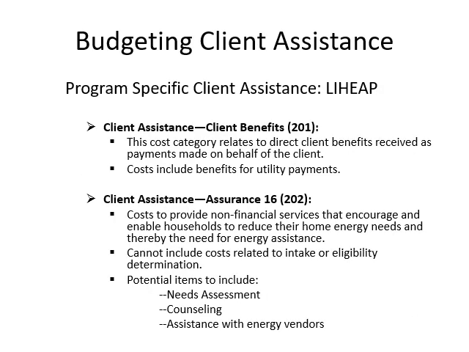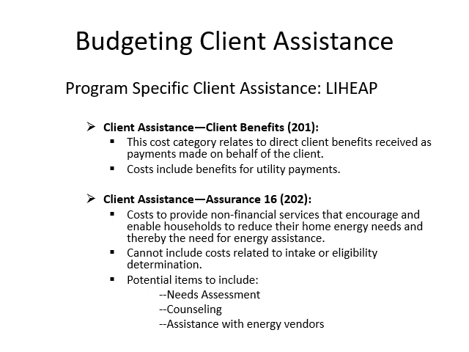The program-specific client assistance for LIHEAP are line 201, which are regular client benefits, and line 202, which is Assurance 16. For line 201, that cost category relates to direct client benefits received as payments made on behalf of customers. The costs include benefits for utility payments.